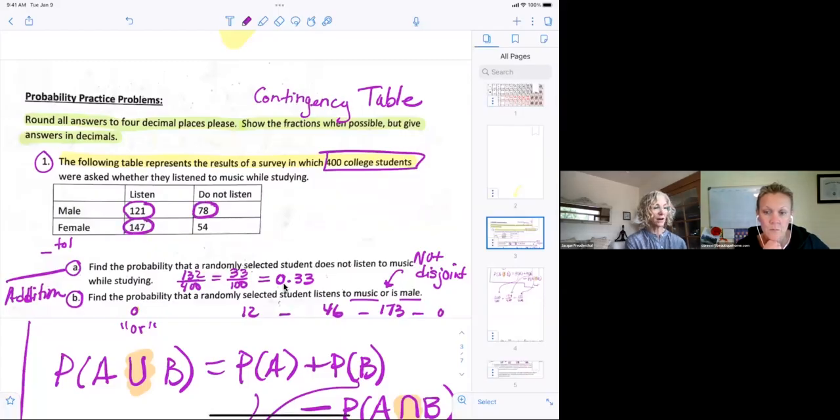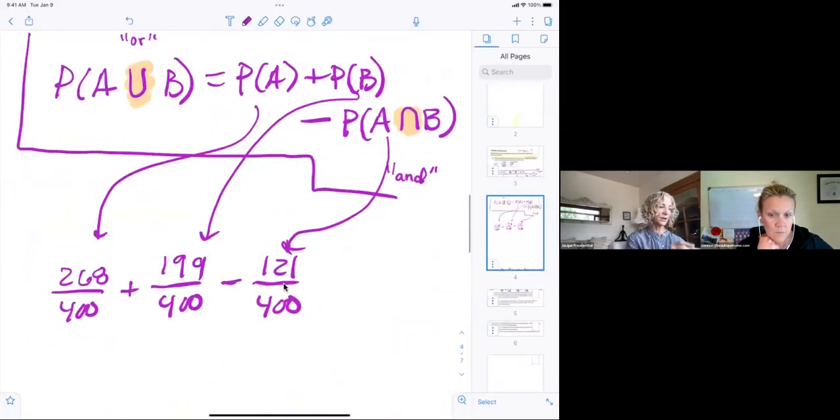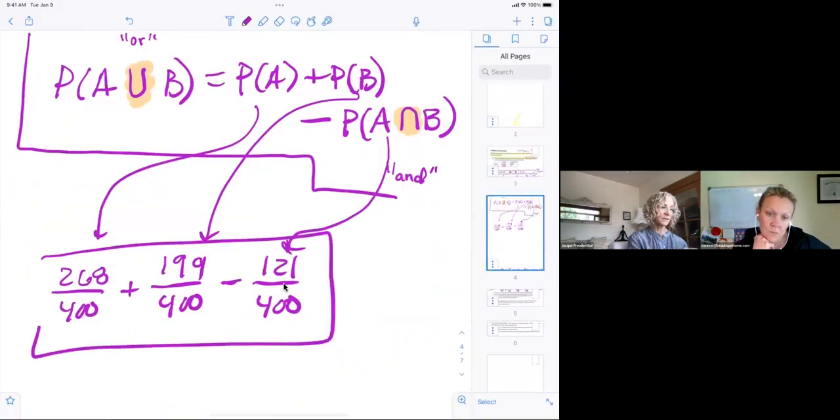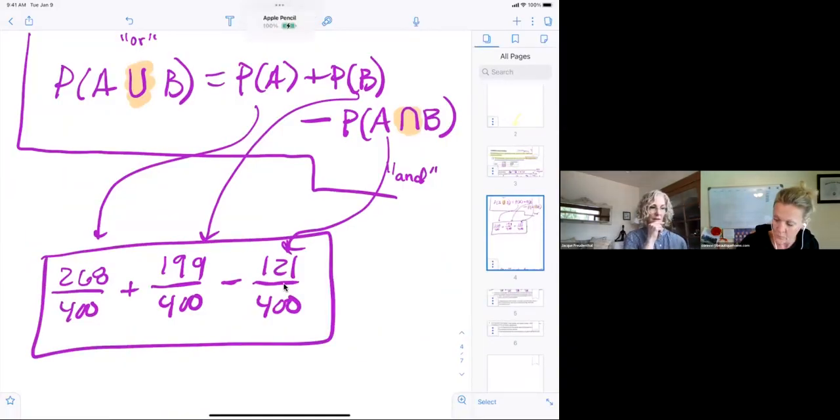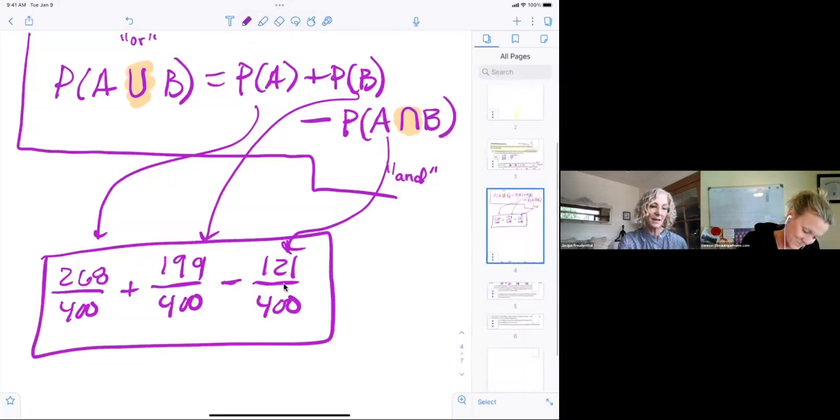So we could add all those up and we would get the same result. We chose this method, which was the addition rule. Okay, so I spent a long time on that. Let's move on to the next problem.